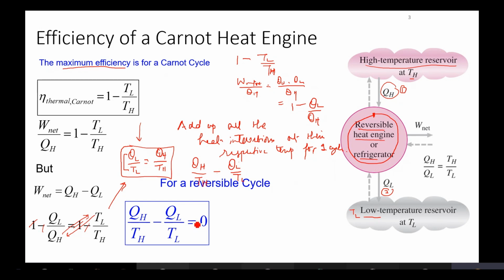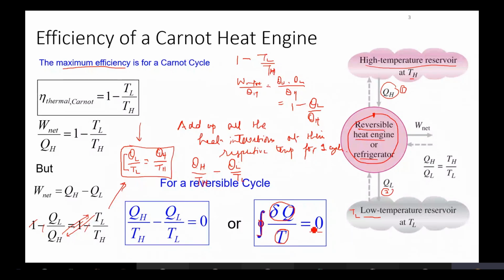Or if I want to get rid of the signs and I want to write a generic expression, I can write it in this way, that for a cycle, this symbol represents cycle, the integral or the addition of heats with regards to their respective temperatures is essentially equal to 0.